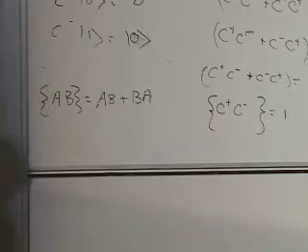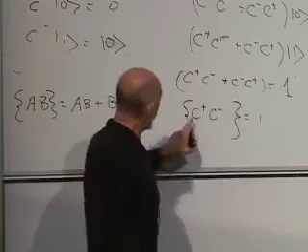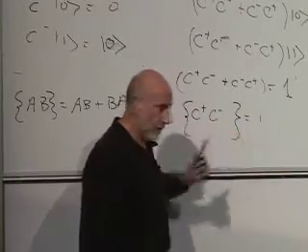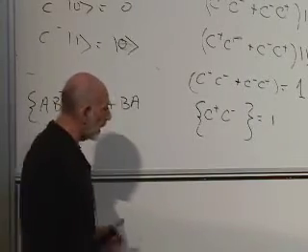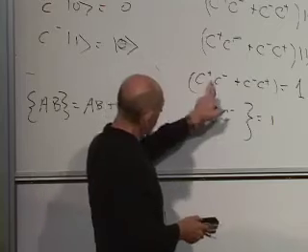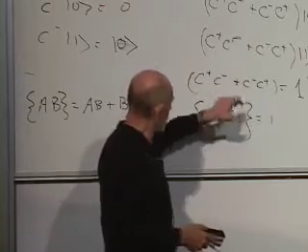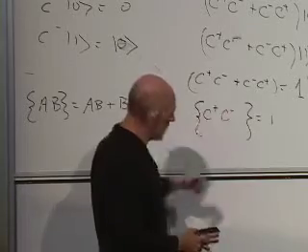So the first thing we learn is that the creation and annihilation operators anti-commute to give 1 on the right-hand side. It doesn't matter which order you write them in: C plus C minus, C minus C plus, same thing.